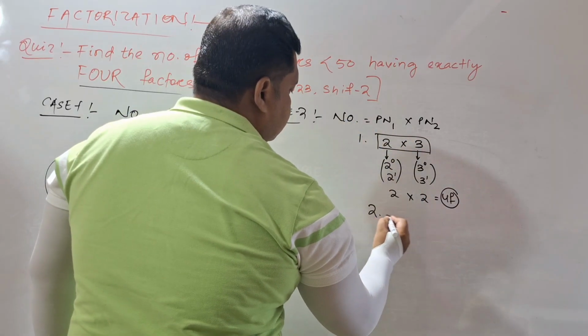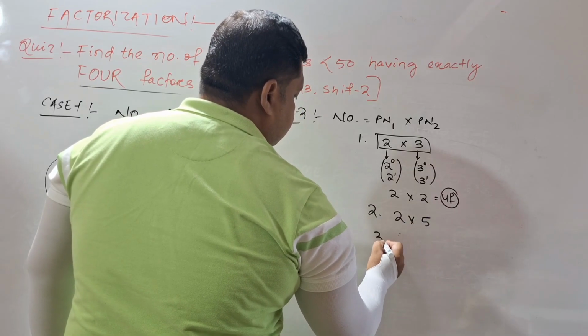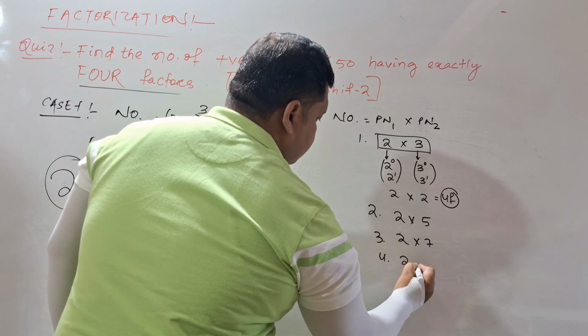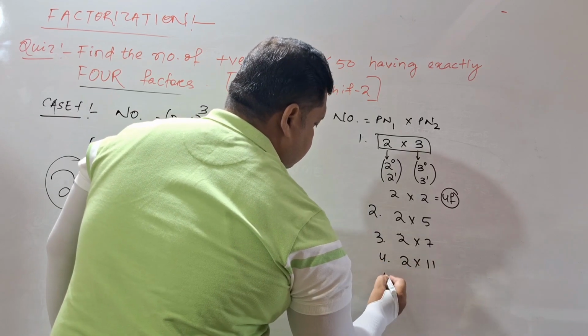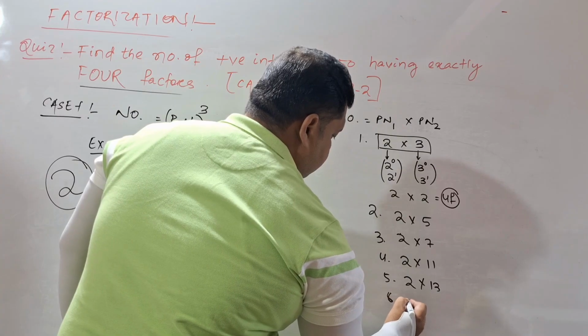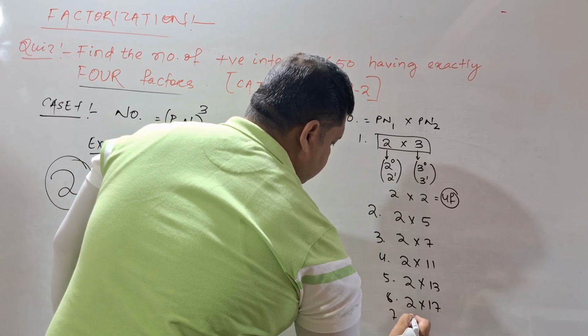Second, you can write 2 into 5. Then third, 2 into 7, 2 into 11, 2 into 13, 2 into 17, 2 into 19.